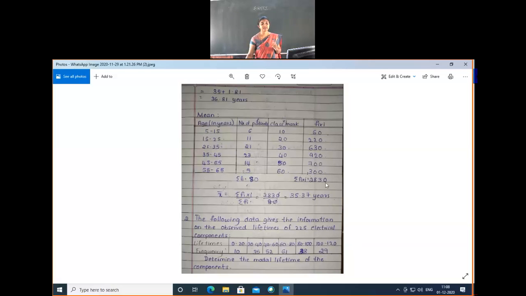When we add the fi xi column, we got the answer as 2830. Then x bar is equal to sigma fi xi divided by sigma fi, 2830 divided by 80, which is equal to 35.37 years. Got the idea of this one now?